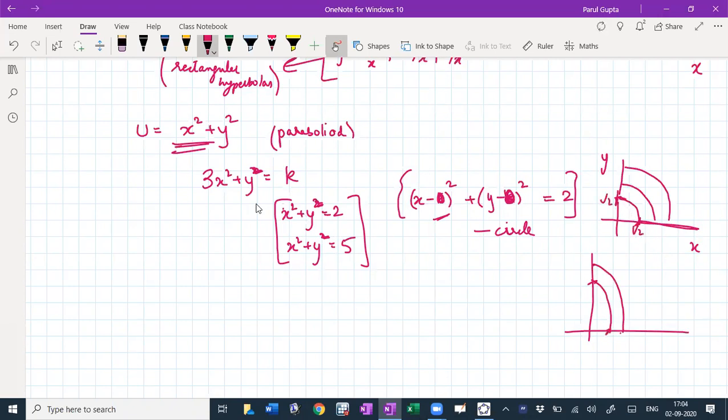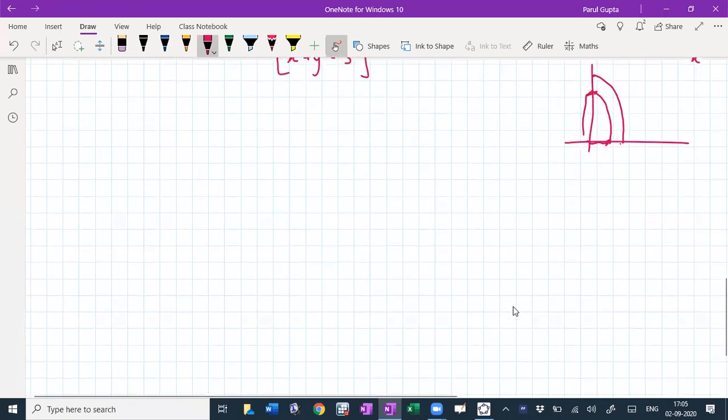If it is 3x square plus y square, or x square plus 5y square or something like that, then the shape will more or less be the same, it's just that the two intercepts are not going to be the same. Okay. So let's first look at indifference curves more generally, and then we'll look at some specific examples.